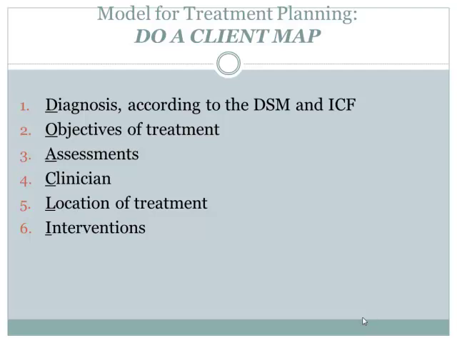Interventions are another part of the treatment planning process, and it's included in the DO A CLIENT MAP model. The intervention section is really the heart of the treatment plan. In this part, the clinician specifies exactly what they will do to accomplish the objectives that have been determined.